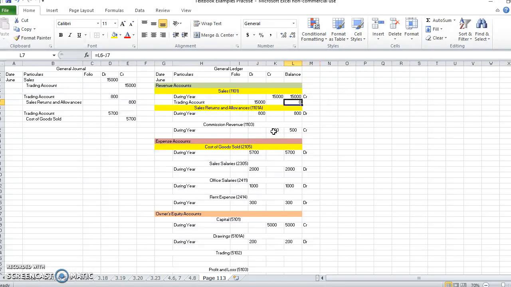We can use the sum, or we know in each of these we're reducing them to 0, so we don't have to do that every time. Sales returns and allowances we have credited for 800, making this one 0, and the opposing account was the trading account. And the cost of goods sold, it was debit 5,700, we credited it for 5,700, we know that's going to be 0, and the opposite account was the trading account.